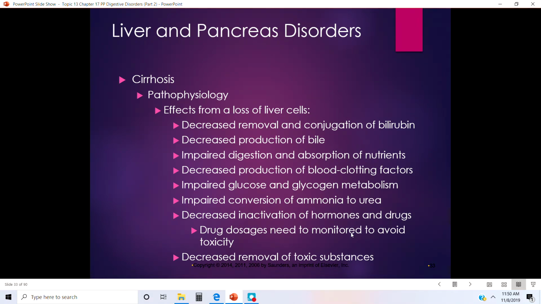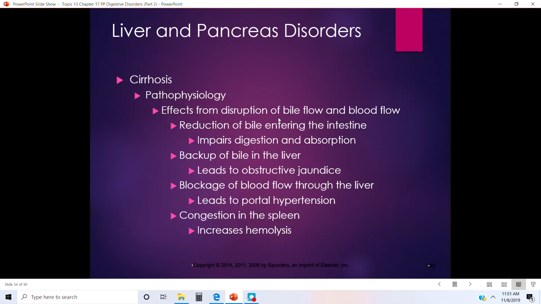So there could be a drug toxicity eventually. And just kind of going along with this, right, there's a decreased removal of other toxic substances also. Anything that we may absorb from our digestive system normally would be detoxified by the liver. Right, so all of this is really an important slide. All of these things that are happening here are the result of the liver cells not functioning properly.